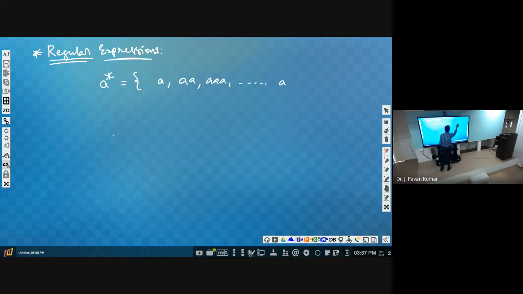Any number of A's we can have, those all will be part of A star. Whenever we represent A star, any number of A's it will represent. Any number of A's in the sense we can have 10, we can have 100, we can have 1000, we can have 21,000, like this.